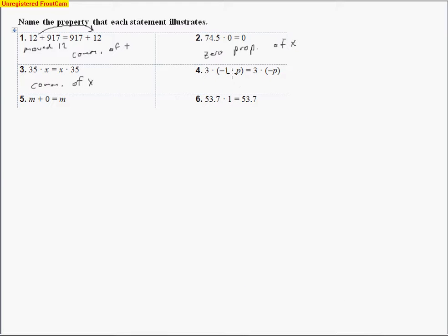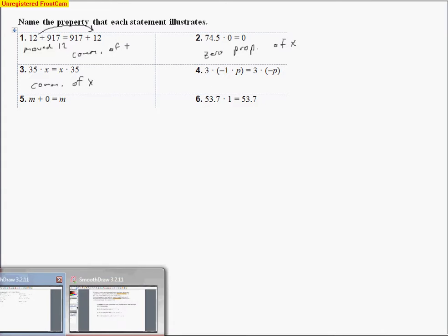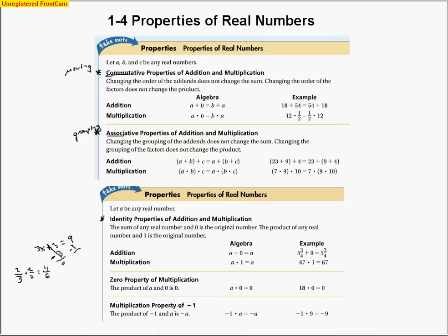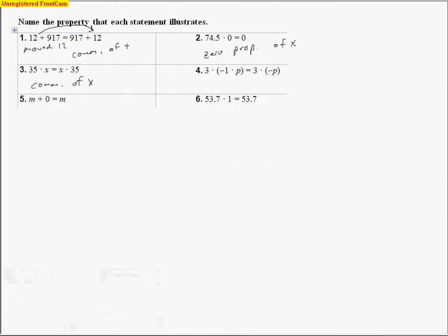So when we multiply -1 by a number, the number switches signs. So that's, when we look at that, the multiplication property of -1. So on this next one, we have a number being added to 0 equals that same number.